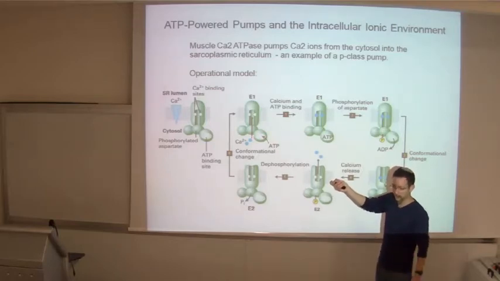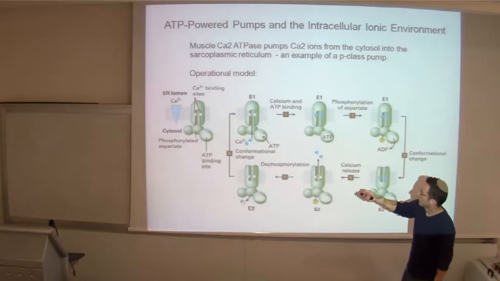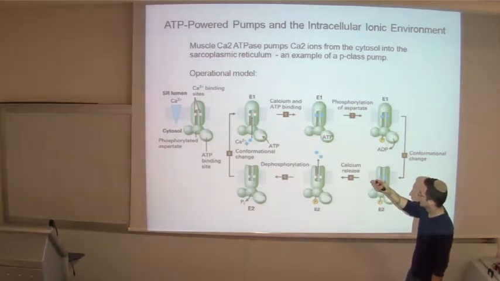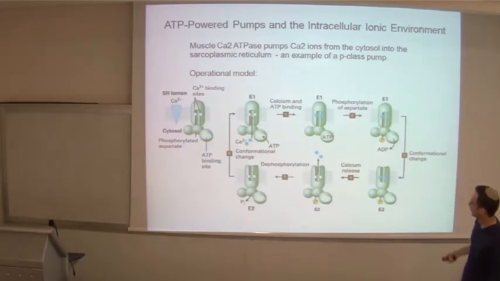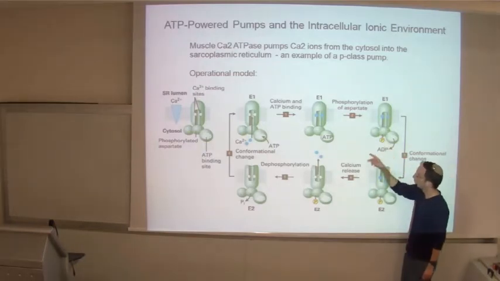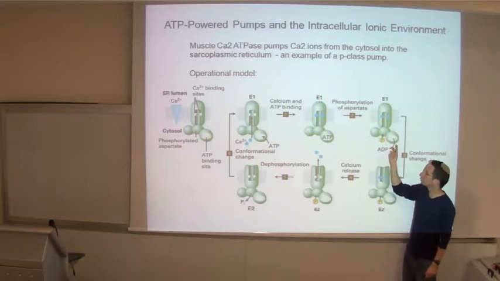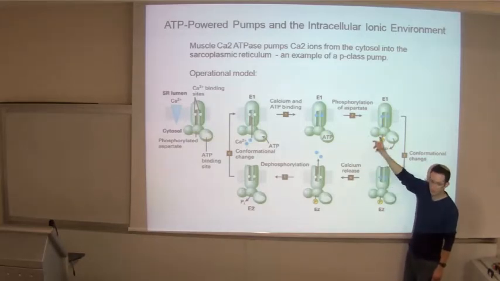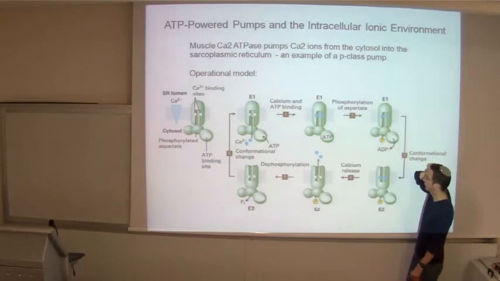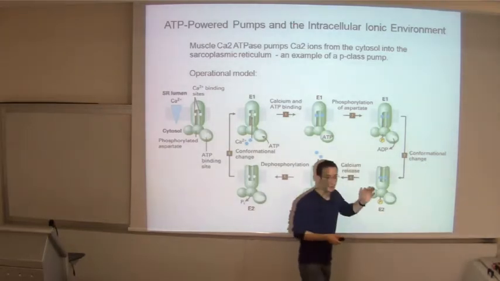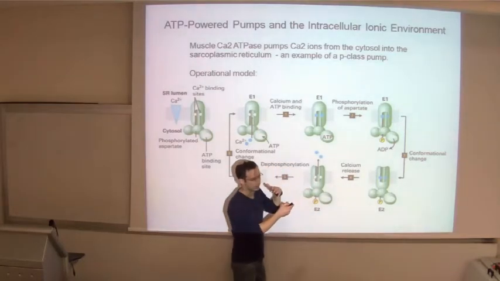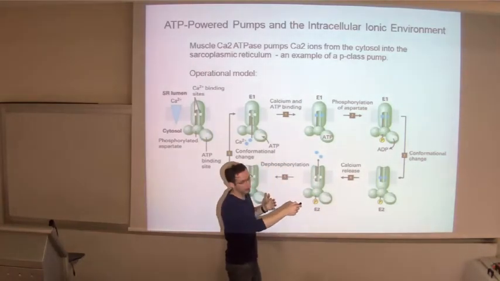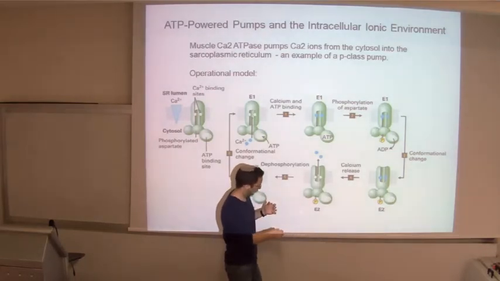Then when calcium and ATP populate their sites, phosphorylation of aspartate occurs. The ATP becomes ADP, and the extra phosphate sits right here on the aspartate amino acid, which is now phosphorylated. And we've now gone up the energy level for this protein, which is the fuel for the conformational change from E1, which was up till now, to E2.